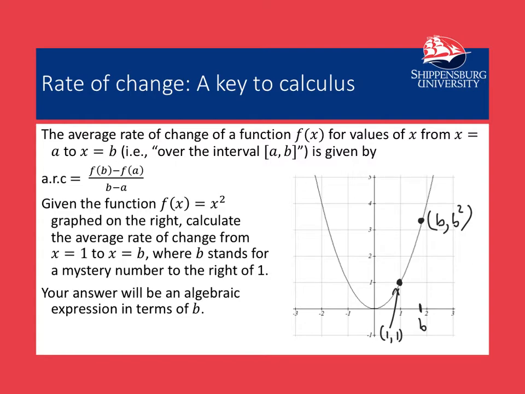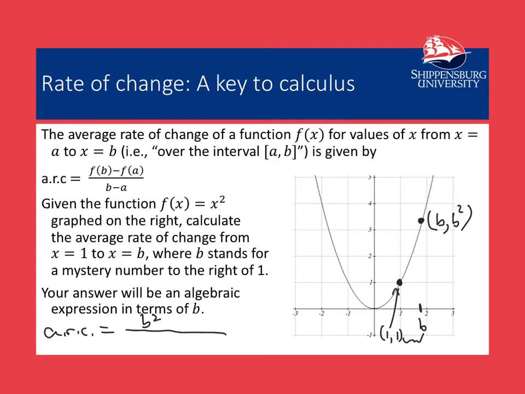So we can actually write down 2 points over the interval 1 to b, and so I can use my average rate of change formula, which is the change in the y-coordinates over the change in the x-coordinates. The y-coordinates are b squared and 1. That's the y-coordinate of these 2 points.